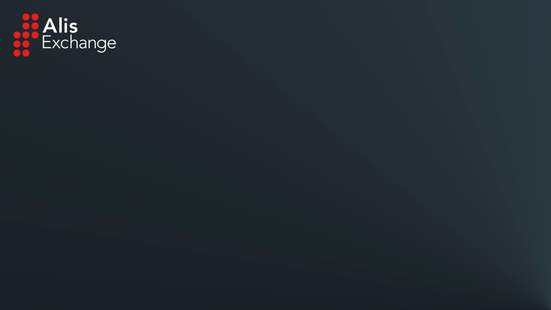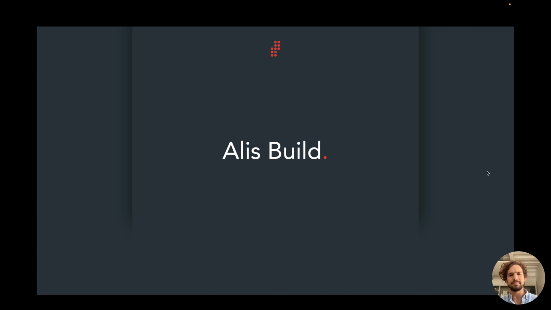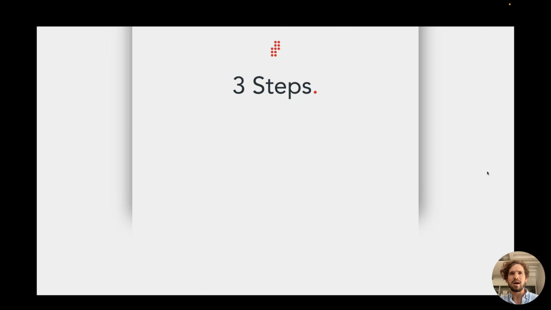And finally, we have Alice Build. And so Alice Build is a tool that is really going to enable us to create these microservices very quickly. And there are 3 steps that form the main philosophy of Alice Build and Alice Exchange. And those are: number 1, we define; number 2, we implement; and number 3, we need some form of consumption.